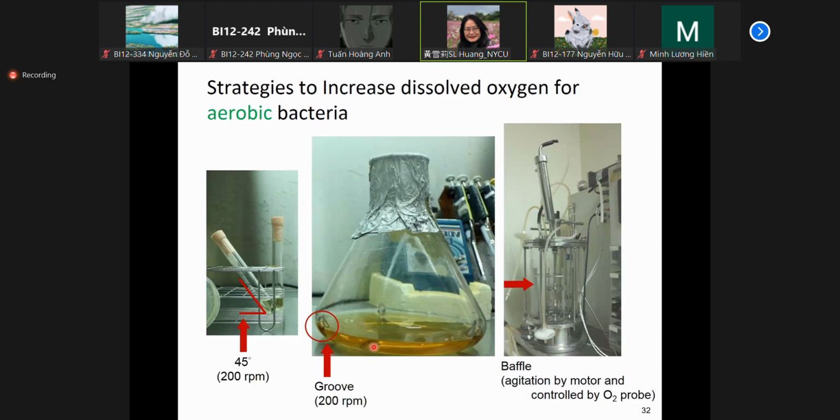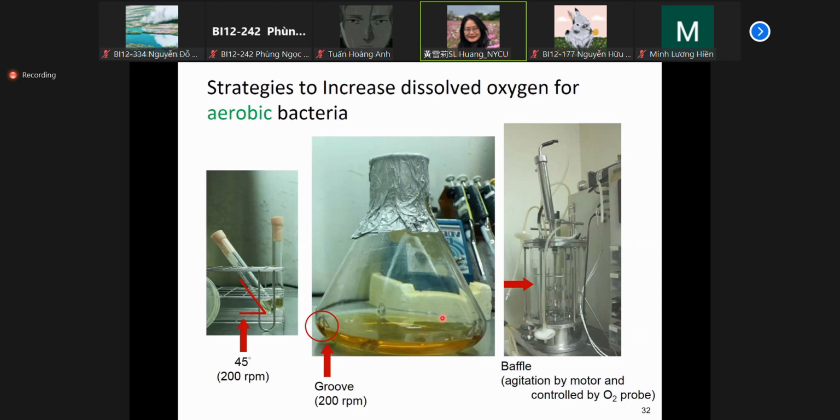Second, it has a groove design, meaning that in a rotary shaker, the bacterial suspension will hit the groove, and there is more mixing and turbulence during the rotary shaking growth. For example, 200 RPM for aerobic bacteria is normally the speed we use. So these are the strategies in flasks, but this flask is actually quite expensive.